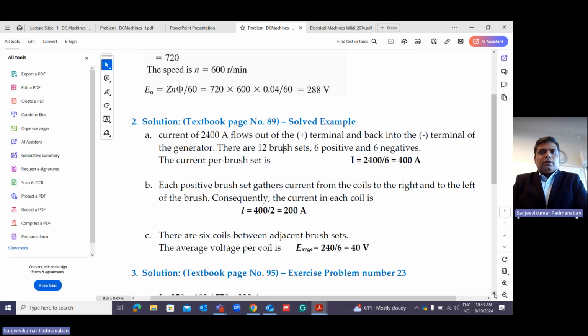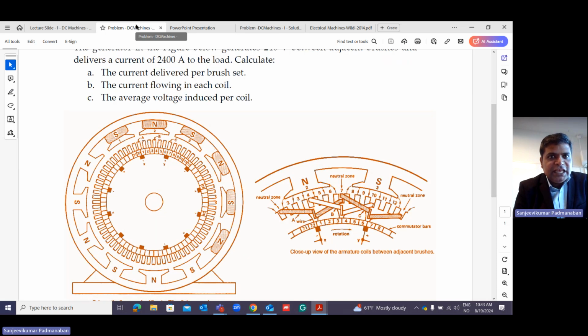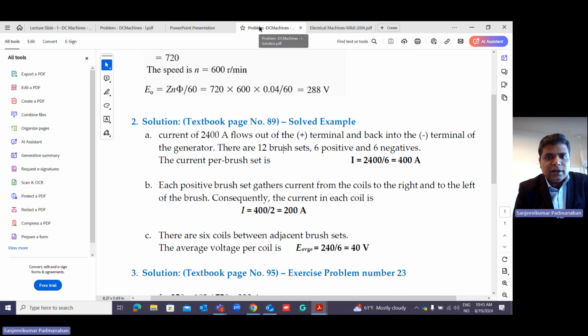Second question, they are asking you the current flowing in each coil. What is the current in each coil? For this, we have to calculate.